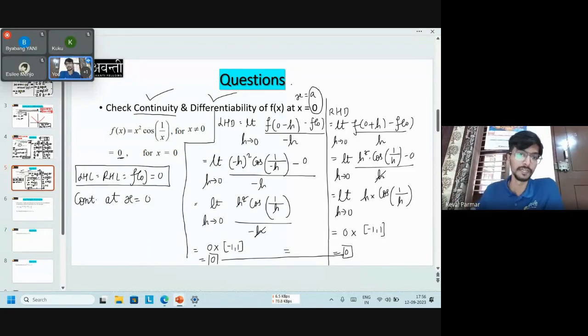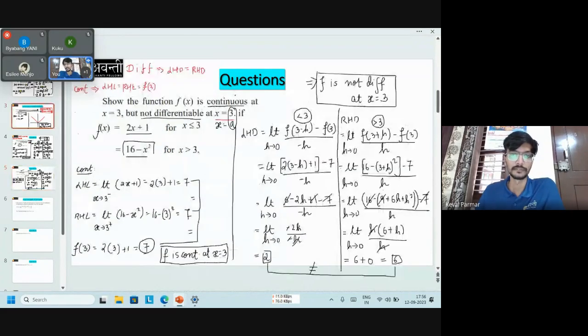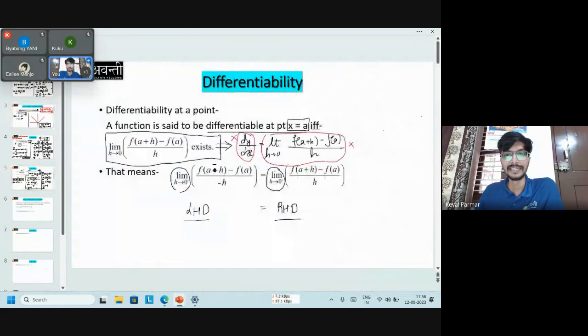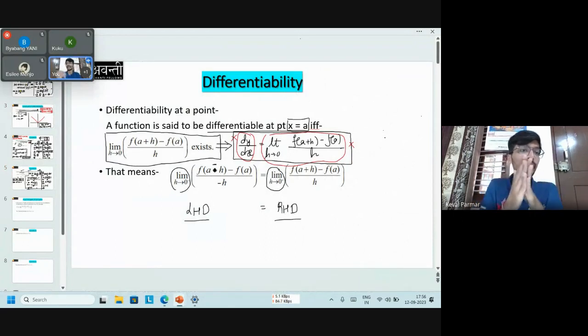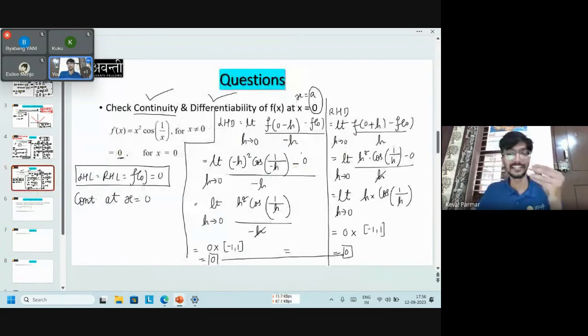We did it on the first page, this formula, dy by dx equal to this. We'll be using this to get the derivative of our standard functions, like sine x giving cos x, x square giving 2x, and so on. That will be in the next lecture, I guess Thursday it is. So Thursday we'll be seeing that.